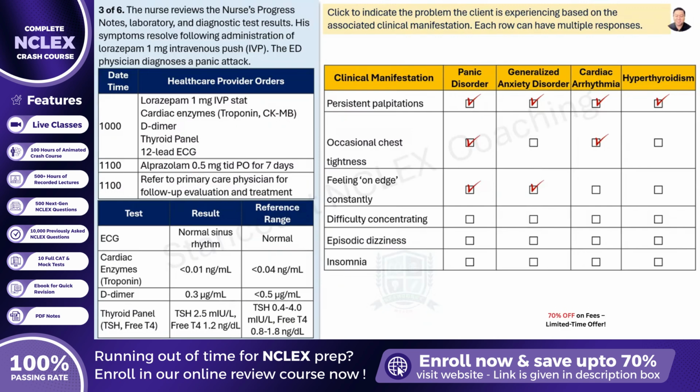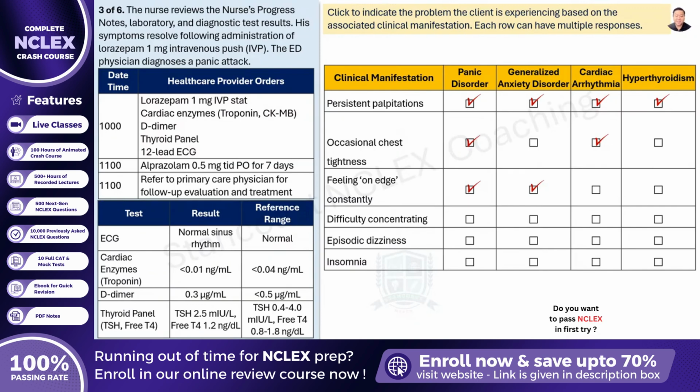Even though hyperthyroidism can cause nervousness, it's usually episodic, tied to high hormone levels, whereas feeling on edge constantly points more to a psychological route than a hormonal one, especially with normal thyroid laboratory results.